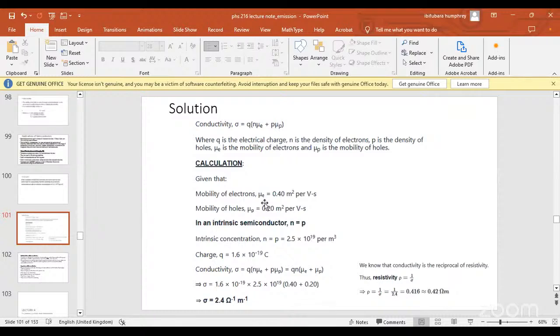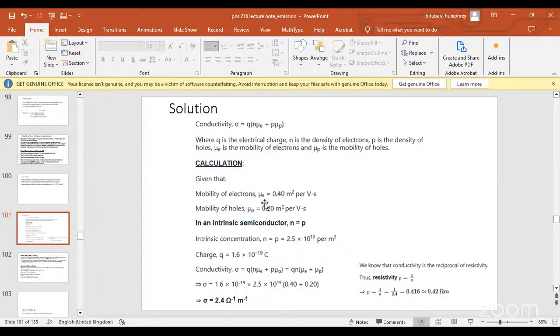The number of holes is equal to the number of electrons. So that is given to us as 2.5 times 10 to 19 per meter cube. And the electron charge is 1.6 times 10 to minus 19 coulomb. If we substitute those parameters and solve for the conductivity, that gives us 2.4 per ohm per meter as the answer. That is conductivity.